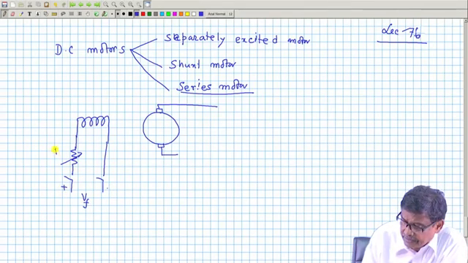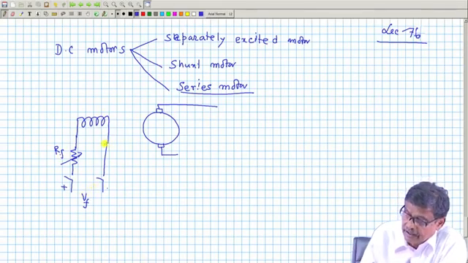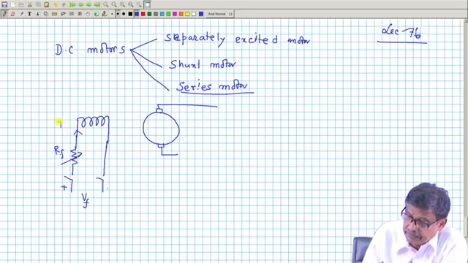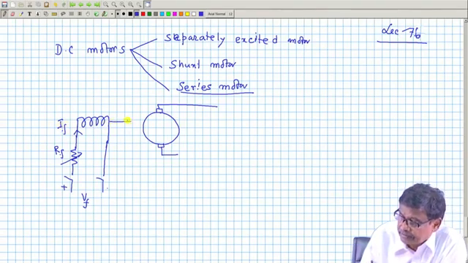Then you have a field resistance, this is your field coil, and if you switch on supply, there will be some field current I f, and it will produce flux per pole phi.